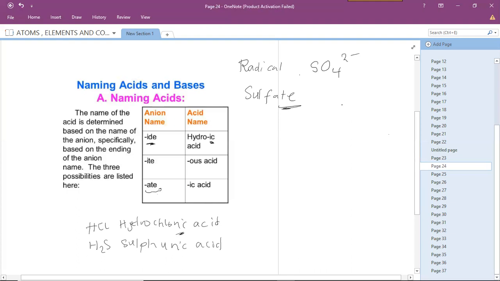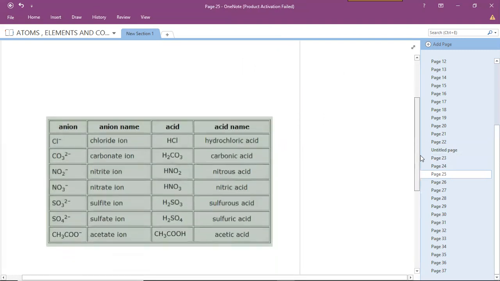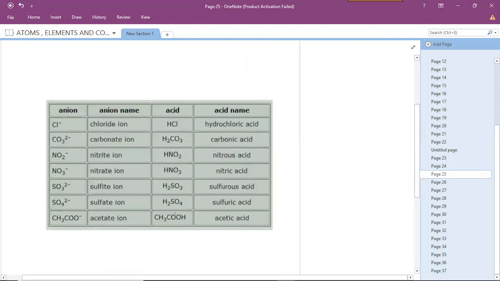So sulfate, let me show you this table. Where are we? Okay, sulfuric acid because of the ATE.